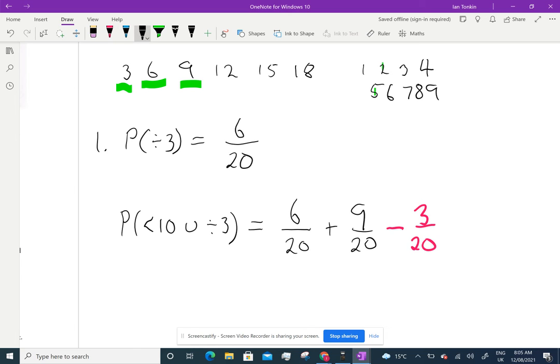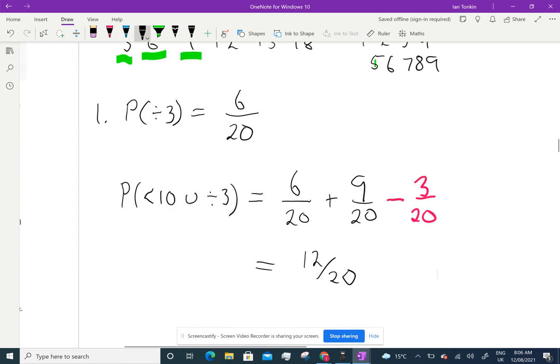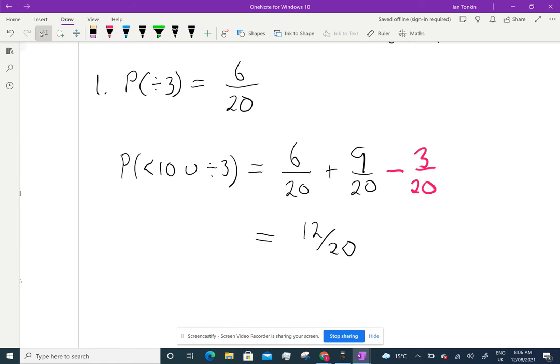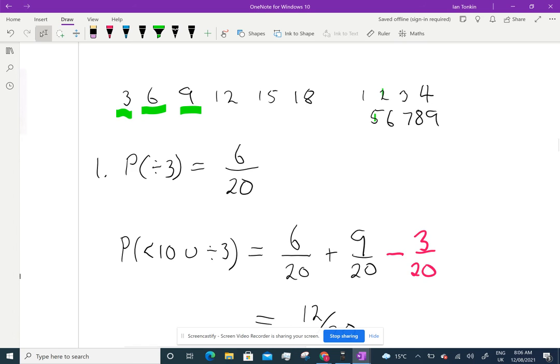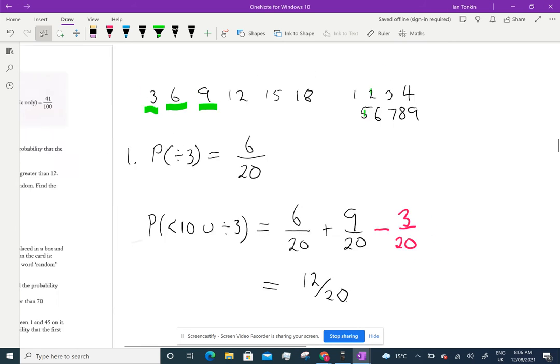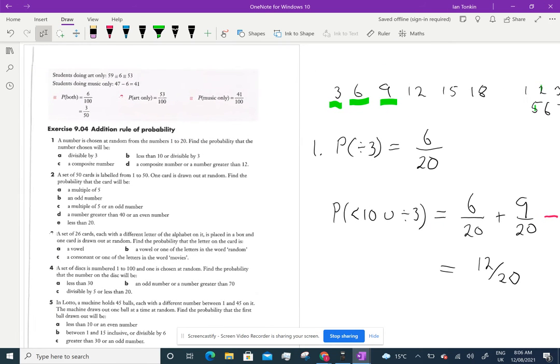You've counted them twice. That's going to be 6 plus 9 is 15, minus 3, 12 on 20. Now, in the book, they don't even do that subtraction. They just count up all the ones and don't count twice. It's up to you. It doesn't matter.